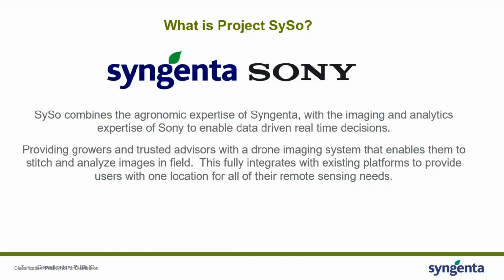Our goal is to provide growers and trusted advisors with a drone imaging system that enables them to stitch and analyze those images in field and fully integrates with our existing platforms such as Farm Shots to provide those users with one location for all of their remote sensing needs. So one location where you can look at satellite, planes, and Sony images together and do that analytics.